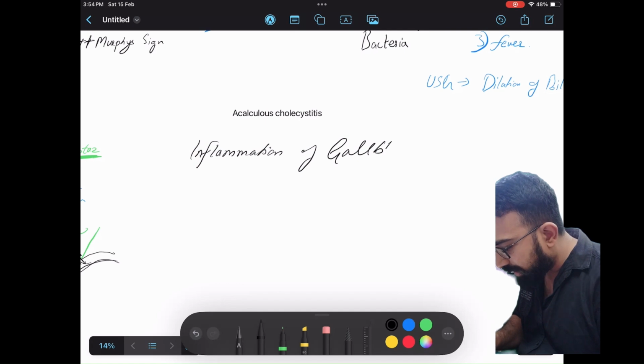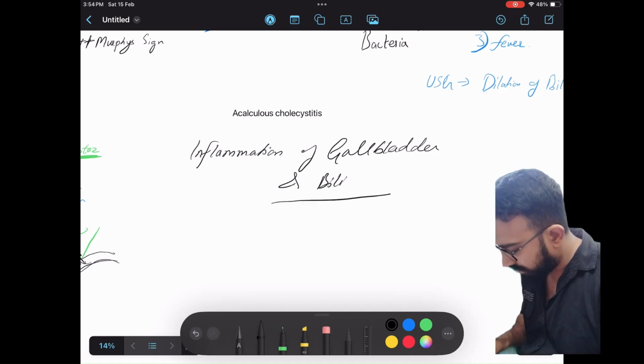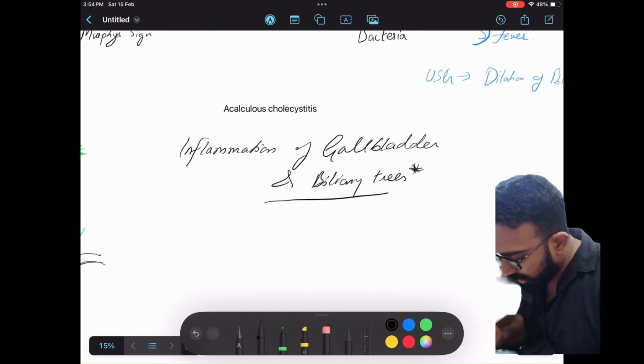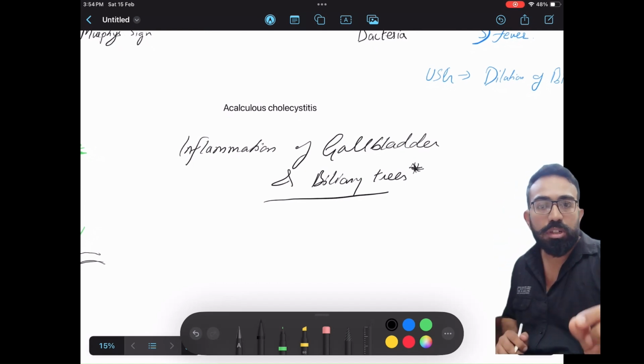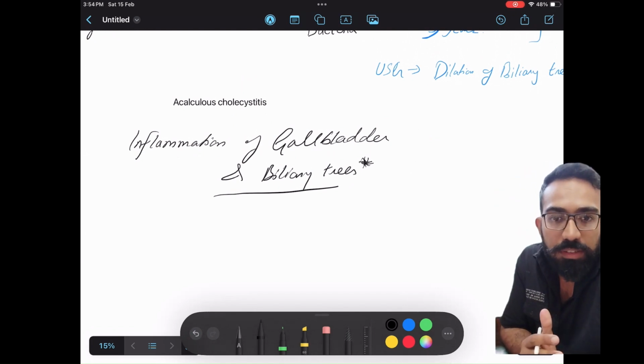of the gallbladder, and to a certain extent the biliary tree. Here I am putting a star mark because in the majority it is inflammation of the gallbladder only. In what type of patients is this seen?